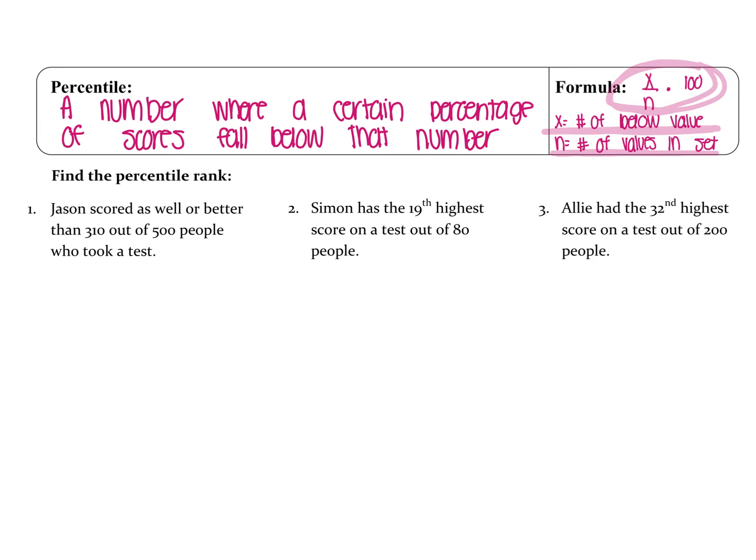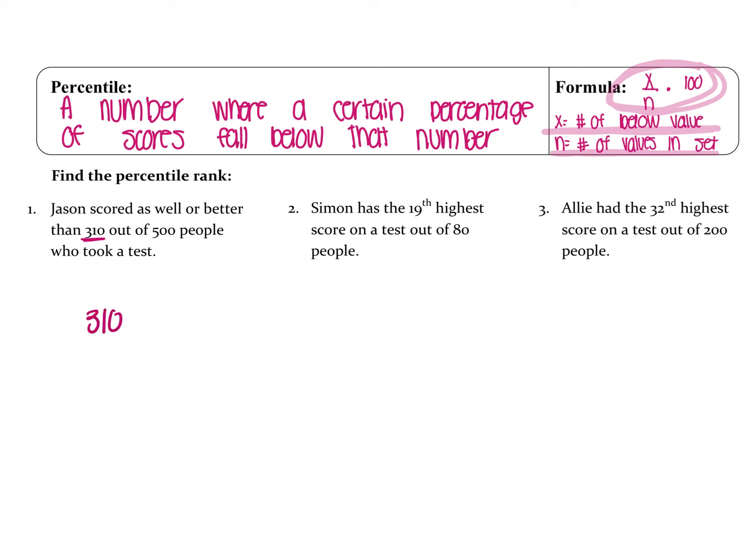All right, so we're going to look at 3 examples here. It says Jason scored as well or better than 310 out of 500 people who took the test. So we're going to calculate what percentile he's in. It tells us he scored better than 310 people, so that's how many people are below him.